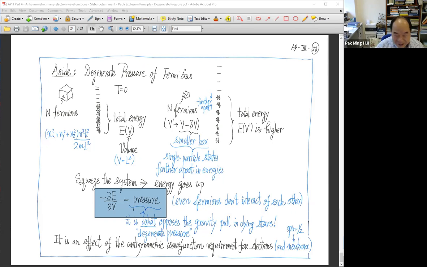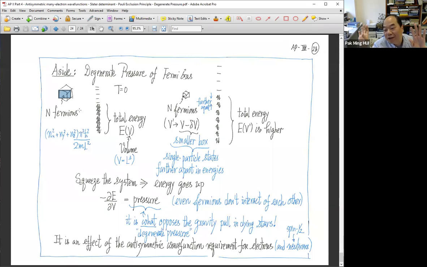Okay, so now when you see this, that means the fermions in the box, when you try to squeeze the box, exert a counter force, okay? And that is expressed here as the pressure due to the fermions in the box. They try to oppose any contraction of the box.